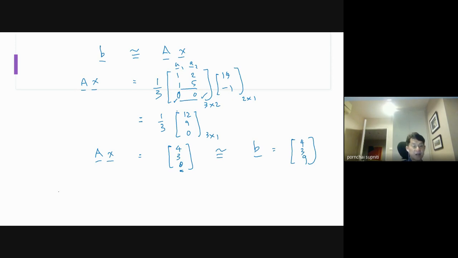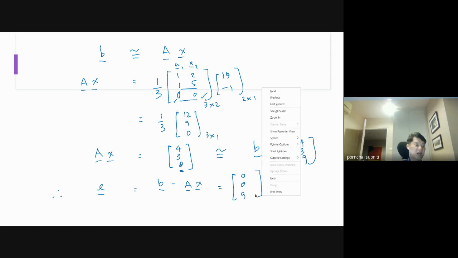And what is the error? The error is just b minus Ax, right? So you notice that the first two rows are 0, 0, and the last row is 9, which is 9 minus 0. So this is what we have for the approximation.